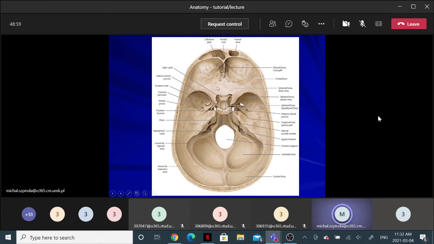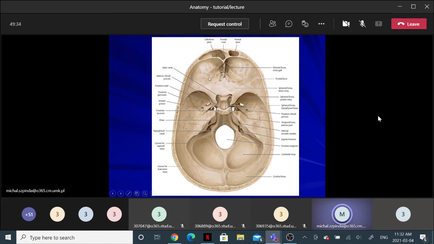Now, we should always concentrate on different communications of the anterior cranial fossa with all corresponding topographic areas. And so I have a question. Can we see any foramina in the sphenoid body here that's involved in the anterior cranial fossa? No such foramina.